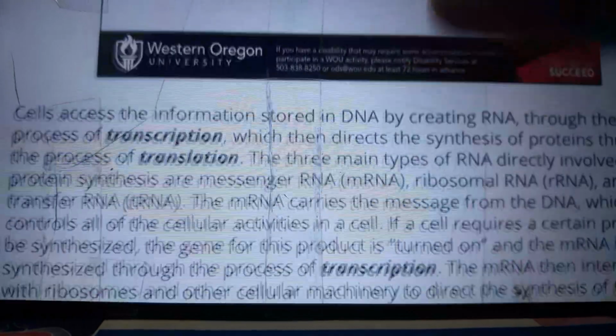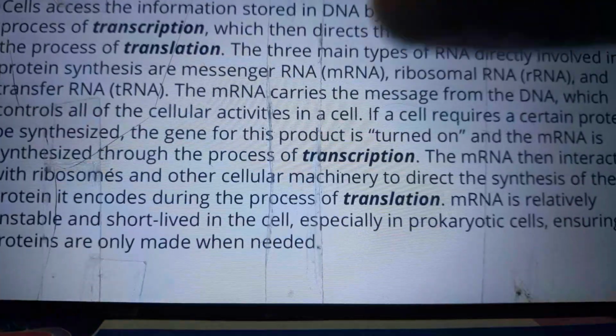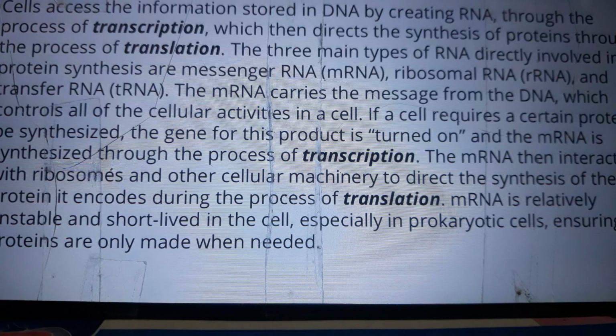So, going into the subject matter proper, cells access the information stored in DNA by creating RNA through the process of transcription, which then directs the synthesis of proteins through the process of translation. The three main types of RNA directly involved in protein synthesis are messenger RNA, mRNA, ribosomal RNA, rRNA, and transfer RNA, tRNA. The mRNA carries the message from the DNA, which controls all of the cellular activities in a cell.